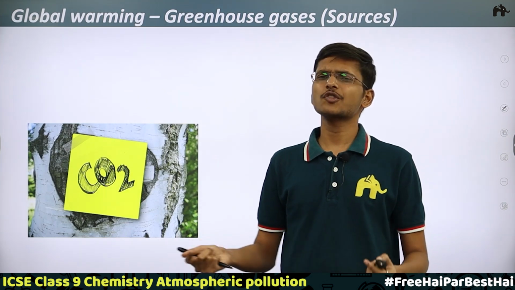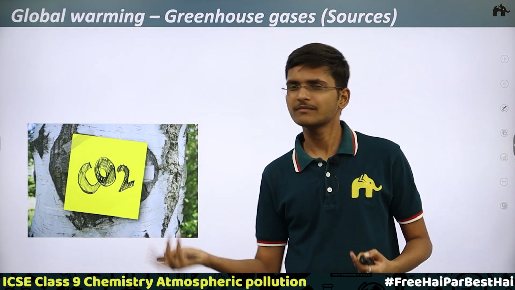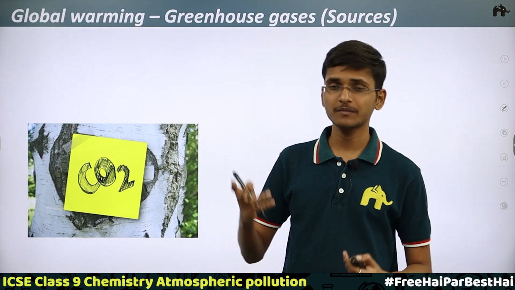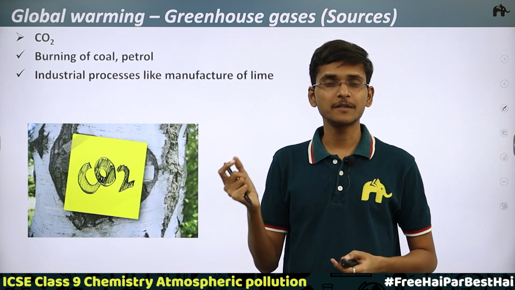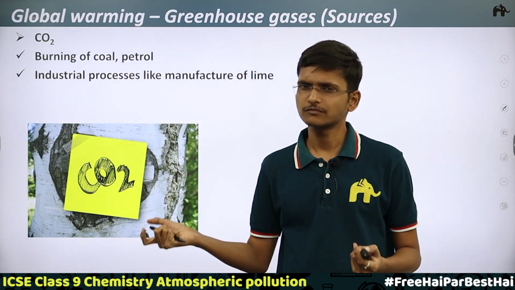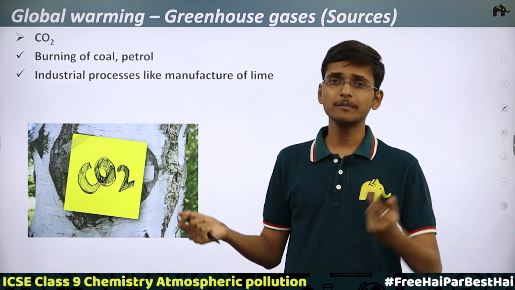Another is industrial processes like manufacture of lime, which also gives up carbon dioxide. Apart from that, carbon dioxide is also liberated because of the burning of coal and petrol.